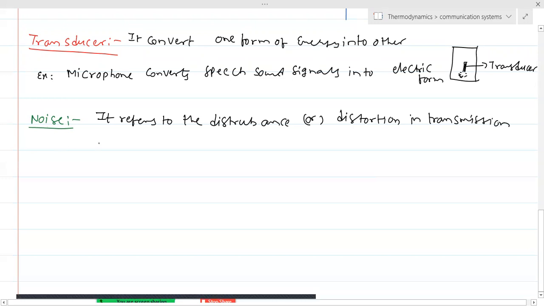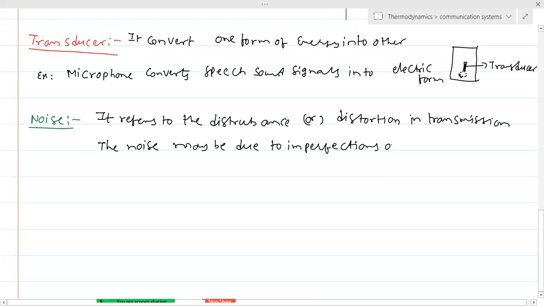Generally the noise is present. The noise may be due to imperfections of the channel.